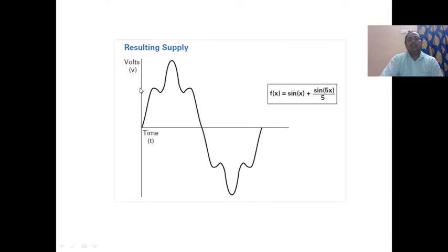It is not an exact sinusoidal, it is distorted. Because of the non-linear resistors, the harmonic content causes the waveform to change. So f(x) is equal to sin x plus sin 5x by 5.